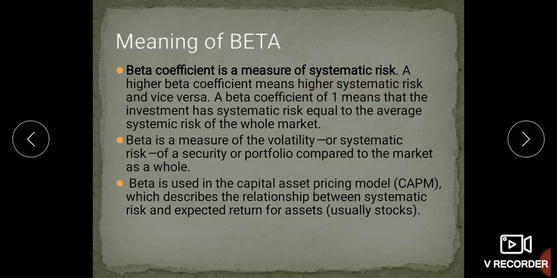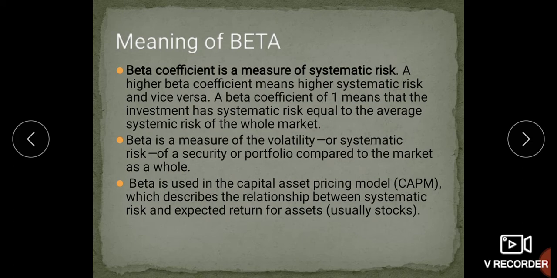Why are we measuring the systematic risk? Because there is always a relationship between the systematic risk and the expected return of the asset. When we calculate the systematic risk or beta and get a higher value, that means that particular share has a higher systematic risk. So definitely an investor should get a higher rate of return from that asset.